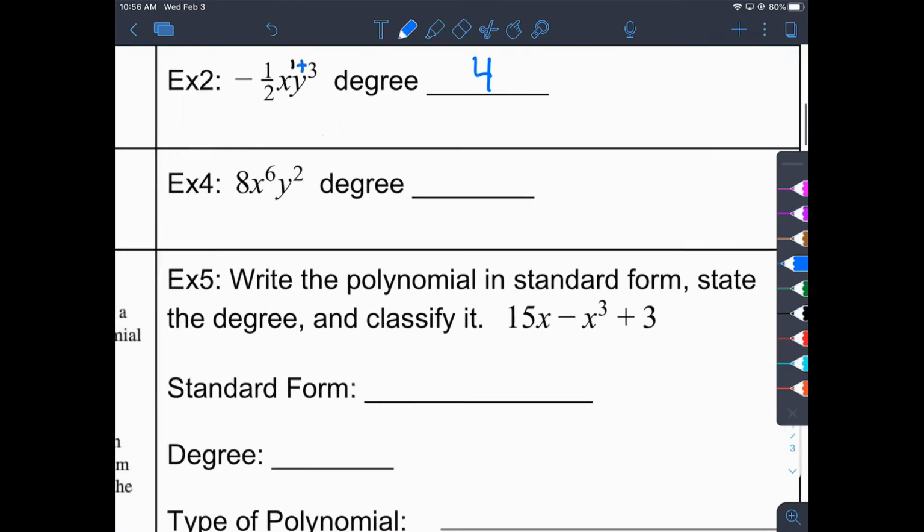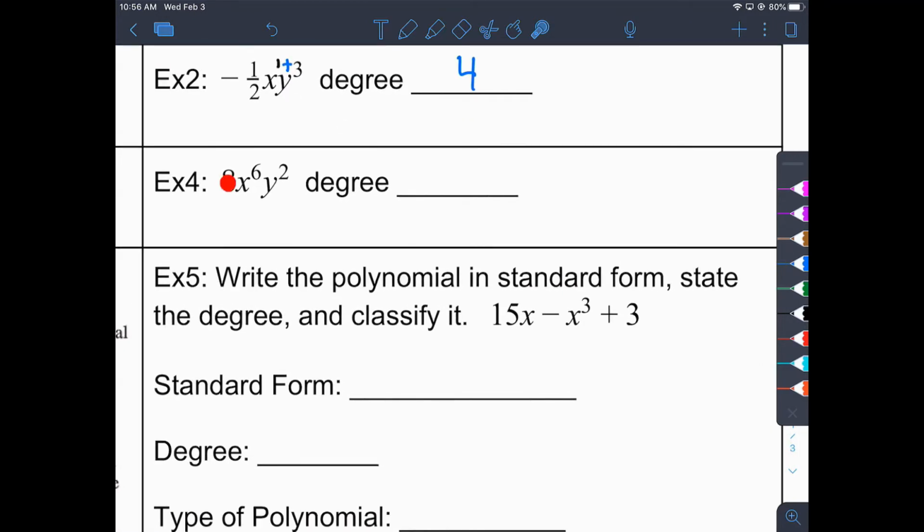Last but not least, what about here? Well, again, the constant, we don't count its power as part of the degree, but we have an x to the 6th and a y to the 2nd. If we want the total degree, we will add the powers to get just the degree, just the measure of the strength of the problem. So in this case, 6 plus 2 is 8.